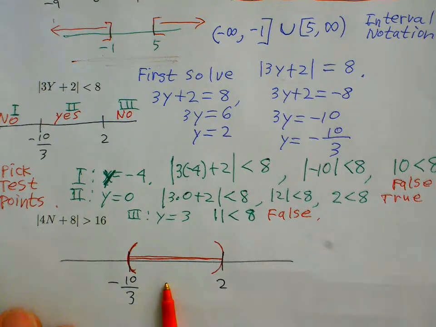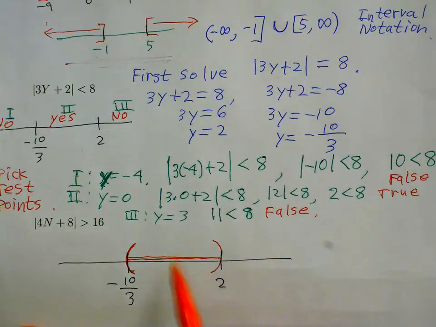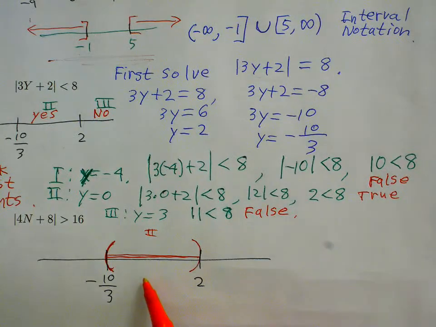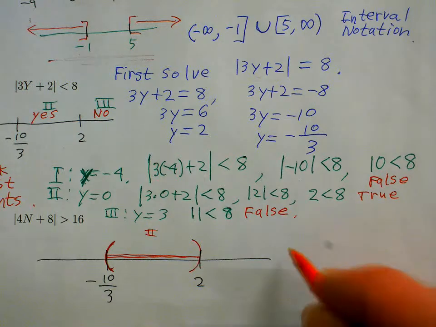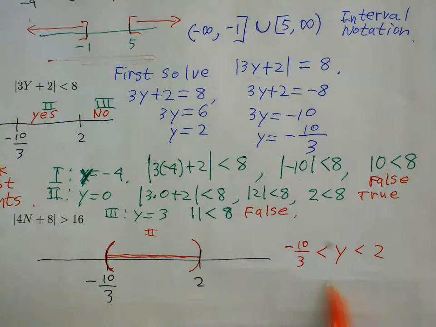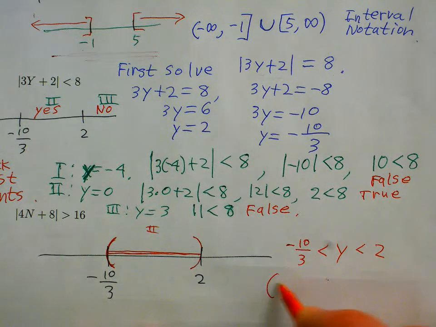This is the graph of the solution set. This is the second interval that we tested. And so the algebraic notation, we write negative 10/3 is less than y, which is less than 2. The interval notation is parenthesis negative 10/3, comma 2, parenthesis.